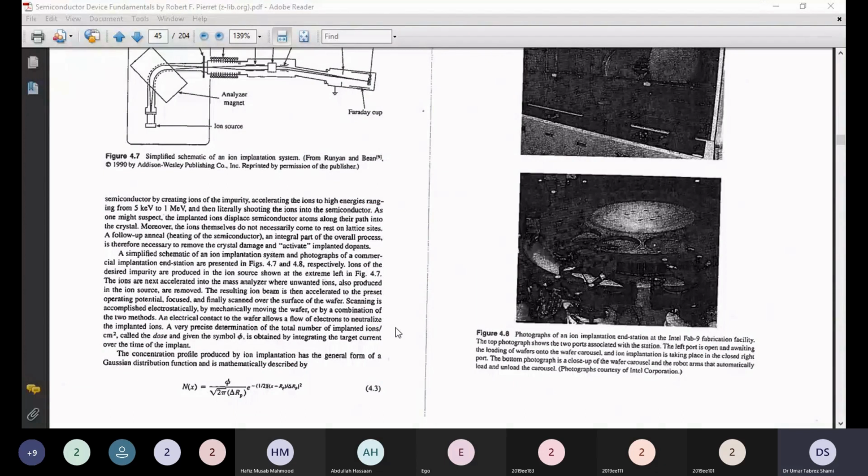This gives a very precise determination of the total number of implanted ions per centimeter squared, called the dose and given the symbol phi. It is obtained by integrating the target current over the time of the implant. The concentration profile produced by ion implantation has the general form of a Gaussian distribution function, given in equation 4.3.